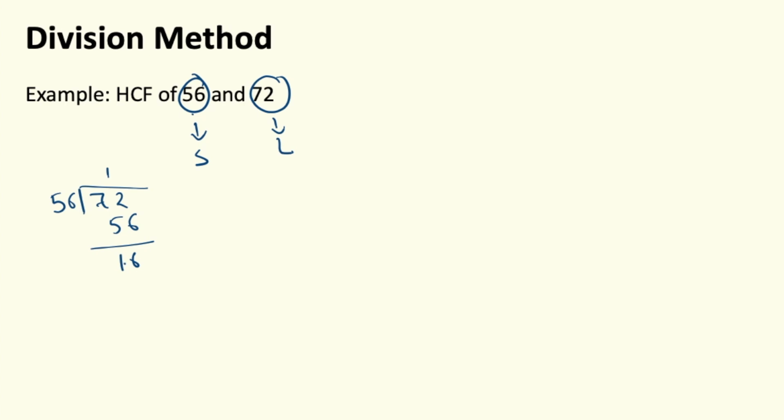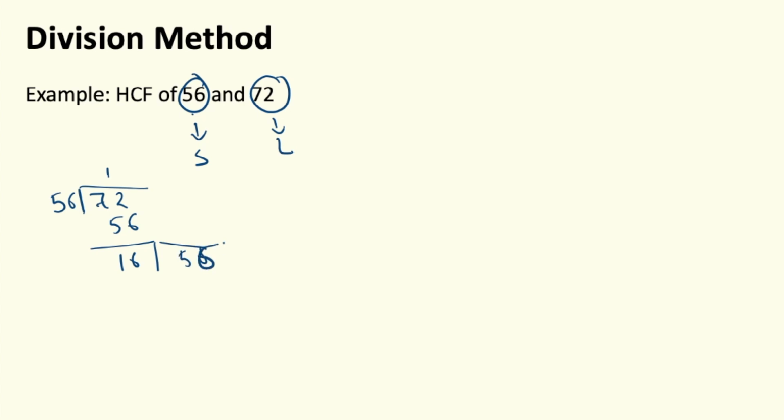So this is something which is quite related to the Euclid's algorithm method. Here the difference is basically getting replaced by the remainder, and ultimately this means the same thing, but this is a little bit faster. Now the next step would be I would divide the larger number between 16 and 56. That is, I will divide 56 by 16.